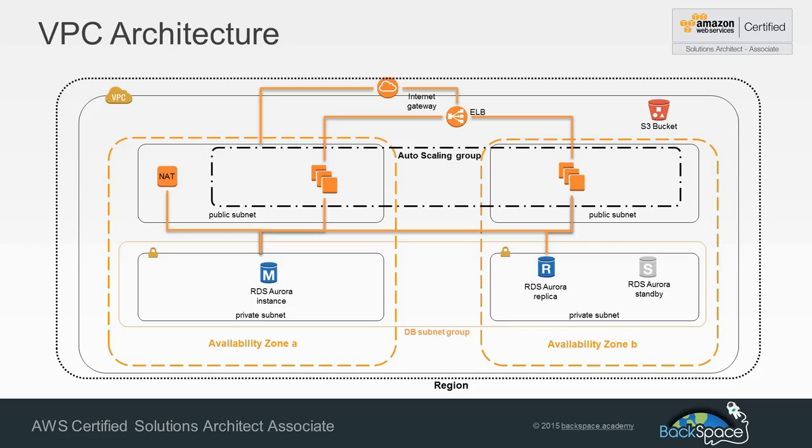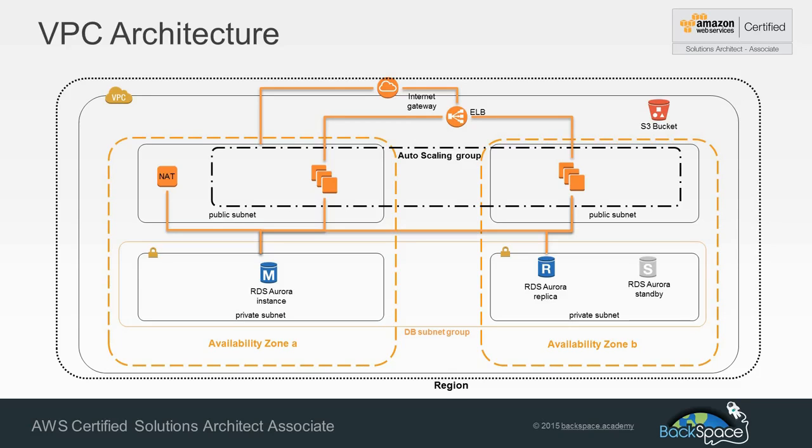e-commerce site like Magento. So we're going to start off by creating a VPC in a single availability zone with private and public subnets. We're then just going to expand that to a second availability zone and create a DB subnet group. Within that private subnet, we will create an RDS Aurora cluster, and that will be across multi-AZ.